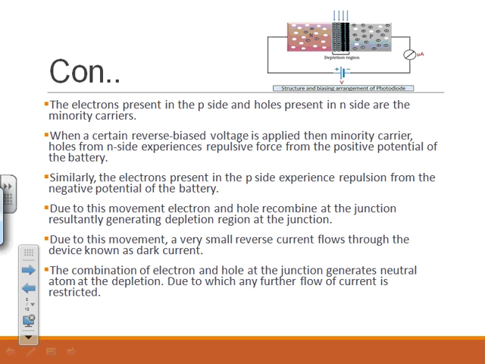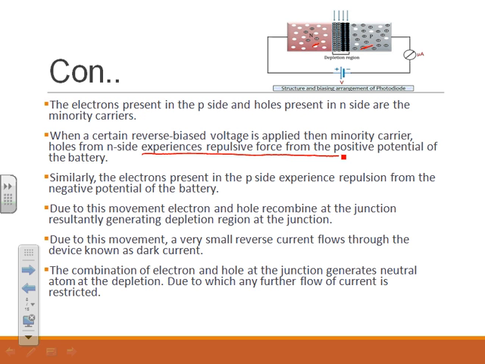Again, the electrons present in the P side and the holes present in the N side are minority carriers. When a certain reverse bias voltage is applied, the minority carrier holes from the N side experience a repulsive force from the positive potential of the battery.